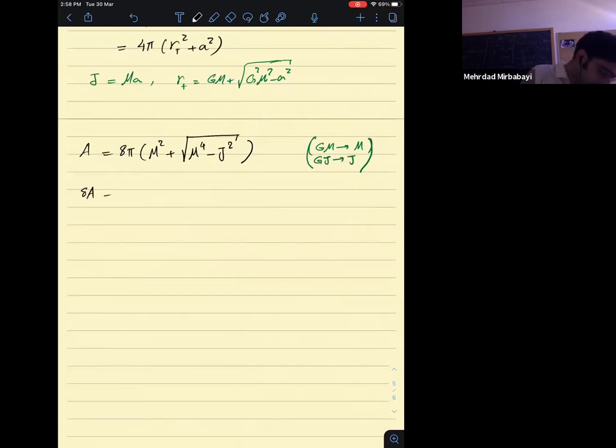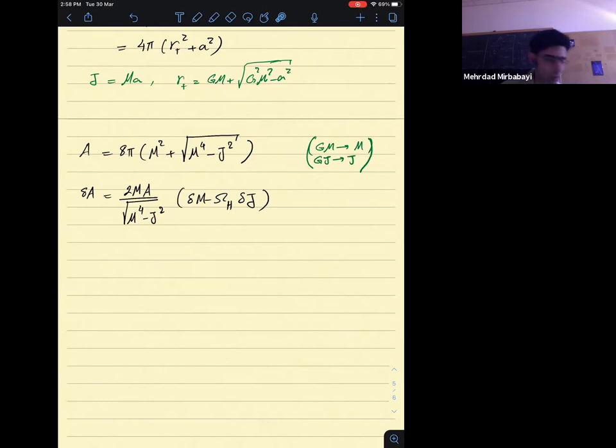And if we work it through, then what we get is that delta A is equal to 2m A divided by the square root of m to the fourth divided by G squared, times delta m minus omega H delta J. So I just did a variation of this expression to arrive at this expression.